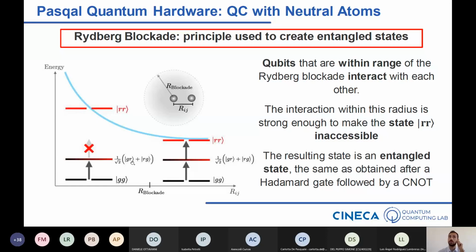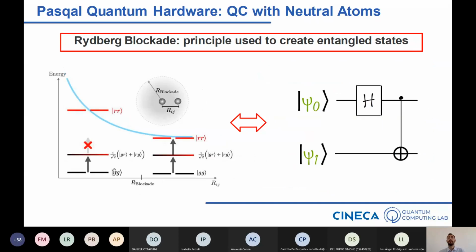It's what we called yesterday a Bell pair. It's something that you would obtain in a gate model quantum computer with a Hadamard gate on one qubit and a control-NOT on the other. If you remember what we did yesterday, with a Hadamard gate you put one of the two qubits into 0 plus 1, and then with the control-NOT you put the other in the same state.